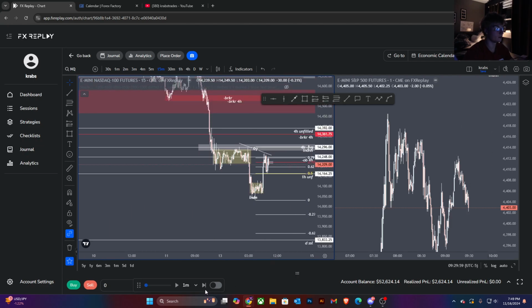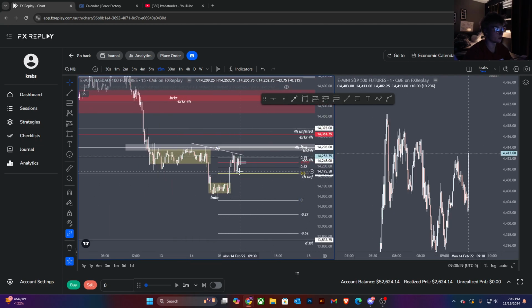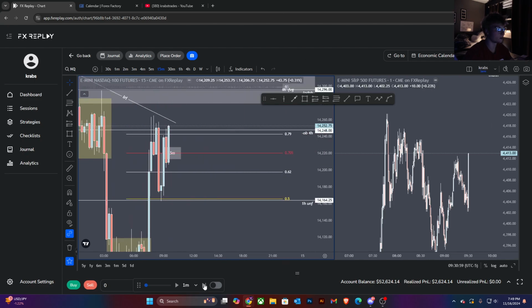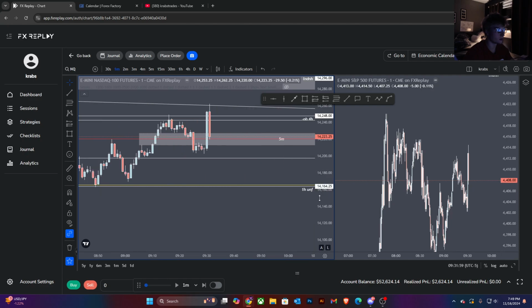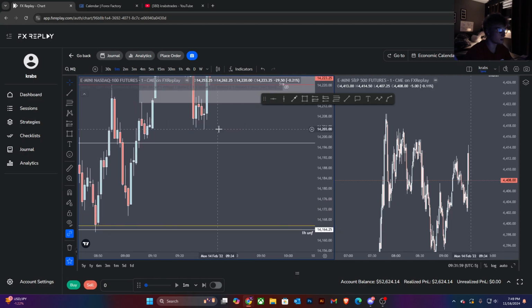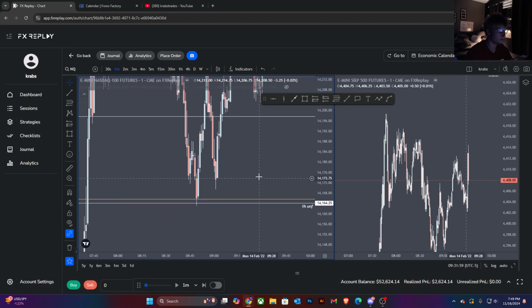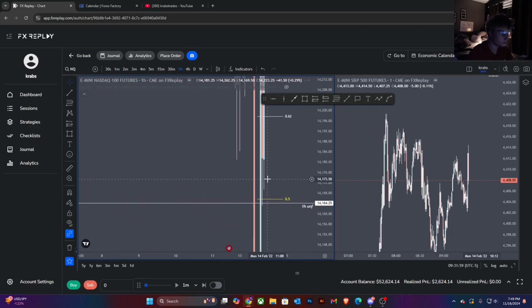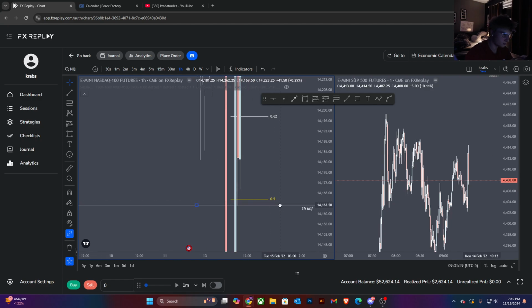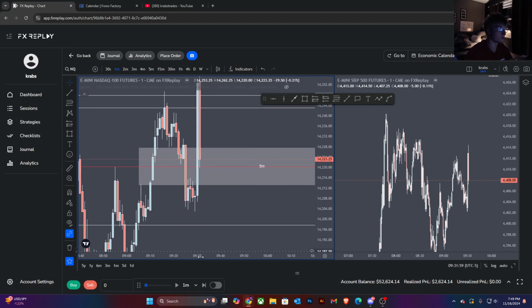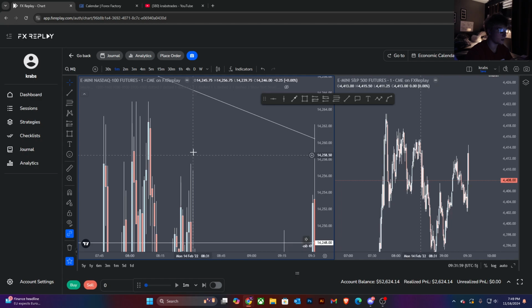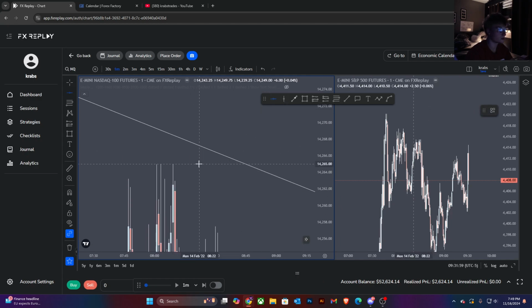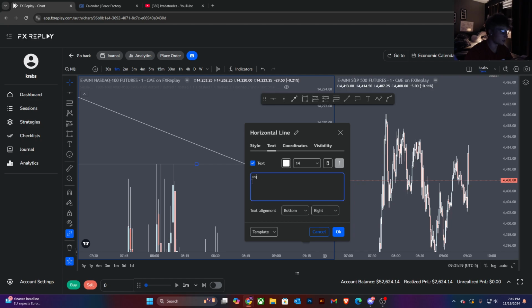Also, let me mark up true day open. That was a really weak 9:30 open, damn. Oh wait, we're on the 15-minute. Alright, let's see, any equal lows, equal highs. Are these equal? Yes. Equal highs here.